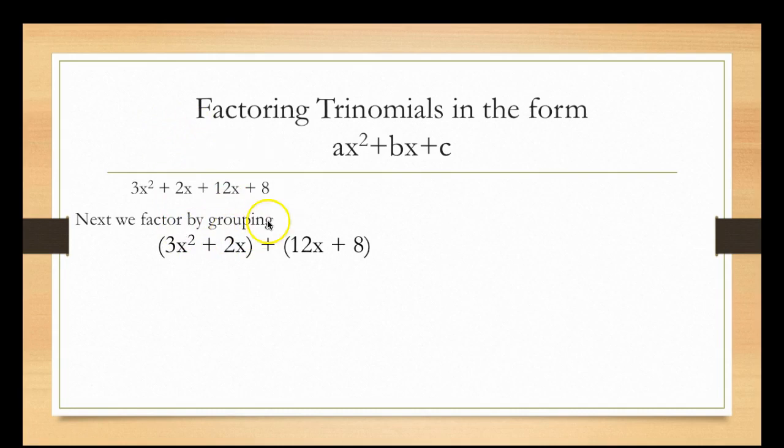So what can we factor out of the first 2 terms? And what can we factor out of the second 2 terms? Well, I can factor out an x from the first. I can factor out a 4 from the second set of parentheses.